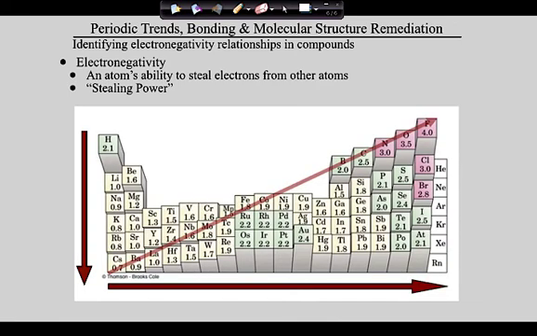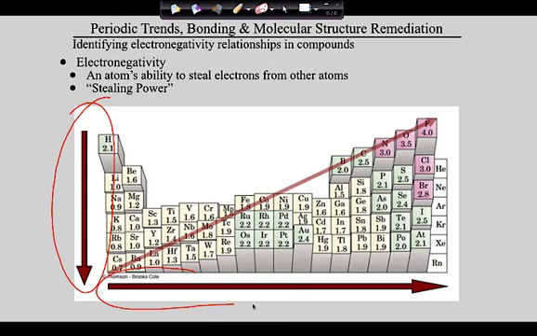When we look at the periodic table and we try to find the electronegativity relationships between the elements, we talked about in class the idea that as we go down a group, the elements get weaker. From this periodic table, you can see that the height of each one of these boxes is representative of electronegativity, and as we go down, the elements get weaker.